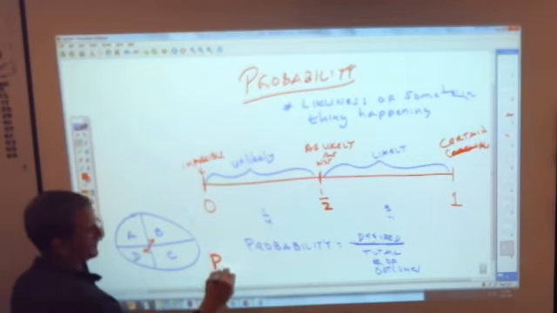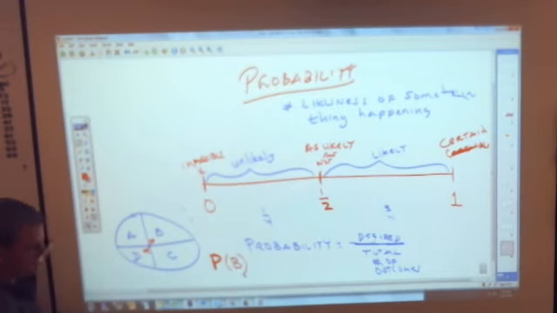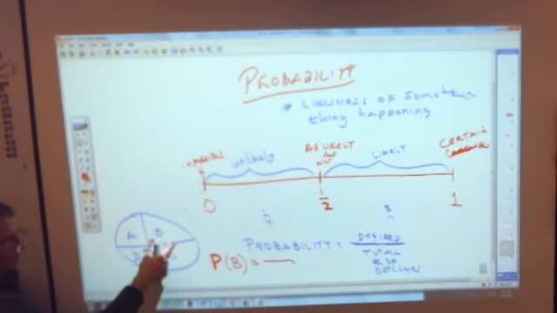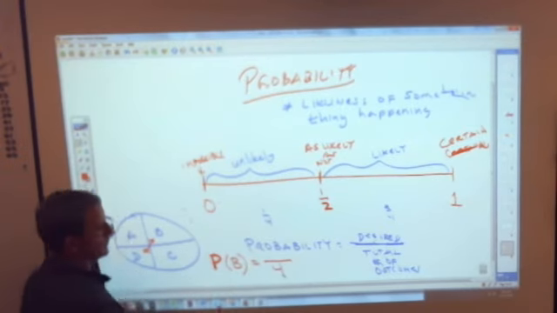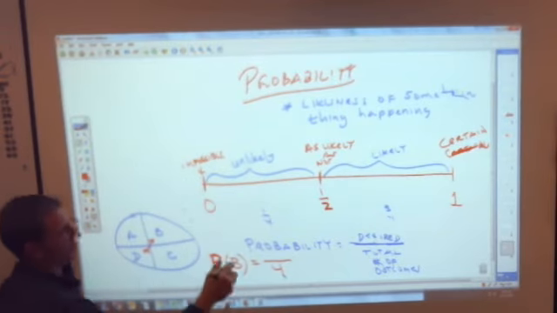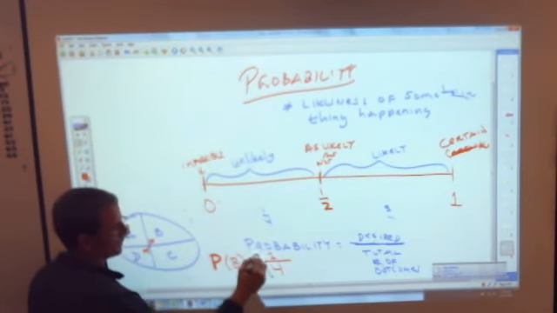If I asked you the probability of spinning a B, how many total different choices are there? 4. You could get an A, a B, a C, or D. And then the top is how many of those are B's? There's just 1. So the probability of me spinning a B is 1/4.